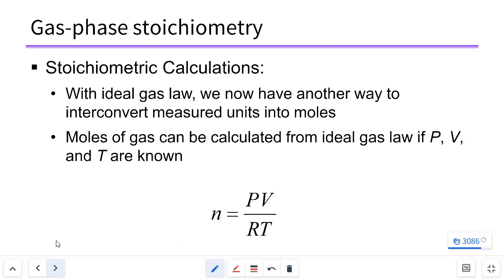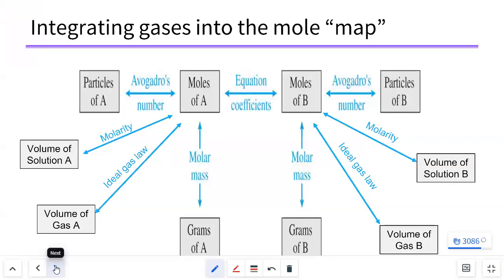Now, if that's a little bit hard for you to put your head around, maybe this picture will help. So again, if you remember back to module 4, I presented this mole map as a way of organizing ourselves to do calculations related to stoichiometry. In module 5, we added to it by talking about the volume of solutions and relating it to moles using molarity.